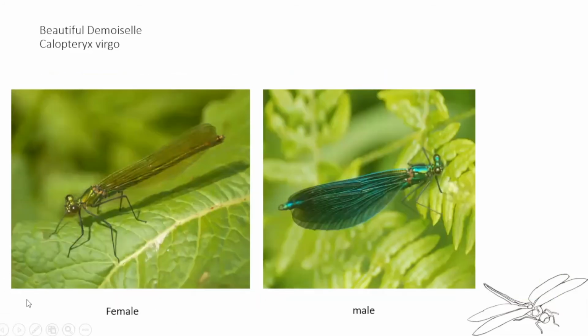Female, slightly brownish, greeny brown, coppery coloured body, and the wings are a slight brownish, very light brownish tint. She will have, and they haven't developed, so this one isn't a full adult, but there you can see a very small mark, like a wing spot, like pterostigma. They're actually false. It does have a mark there, but it's not a true mark.